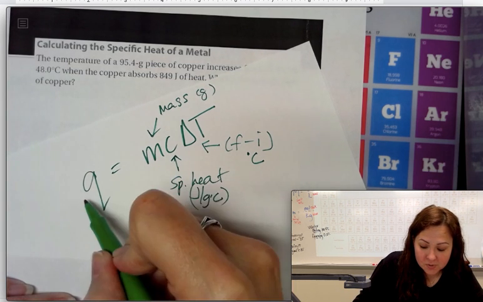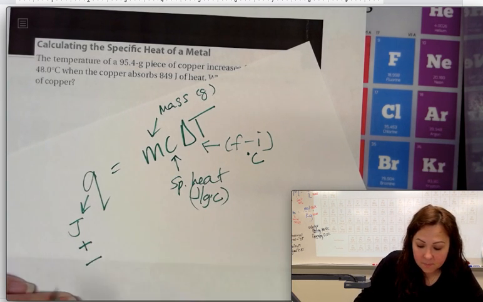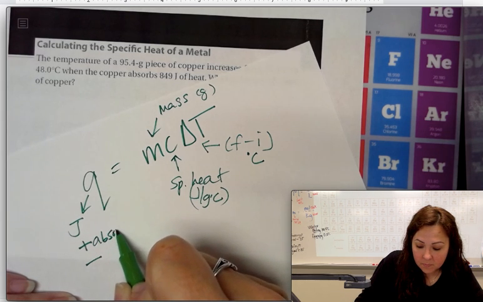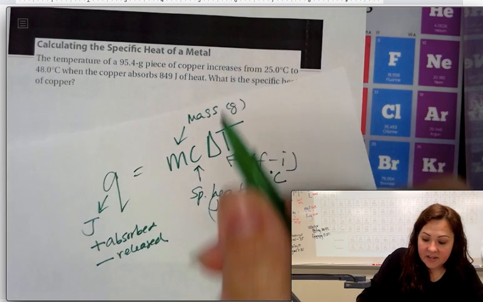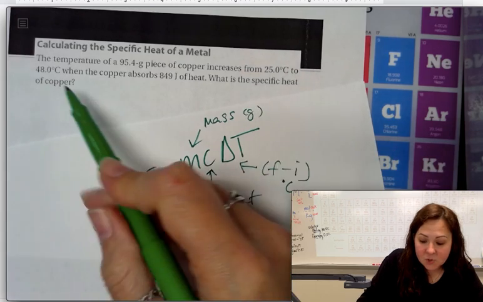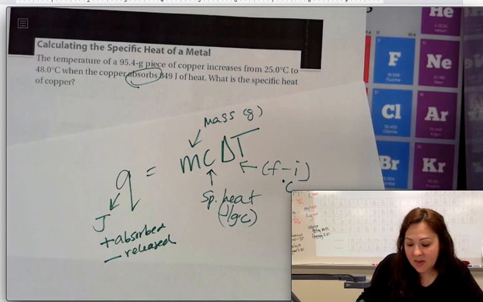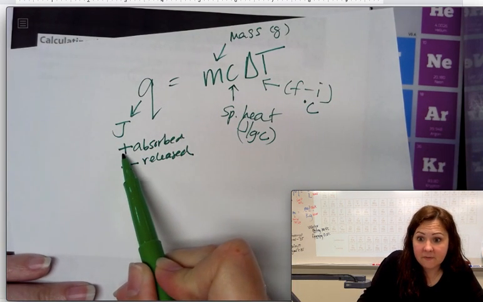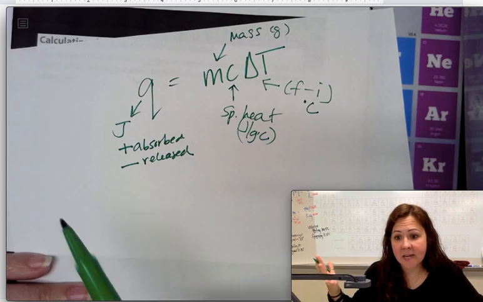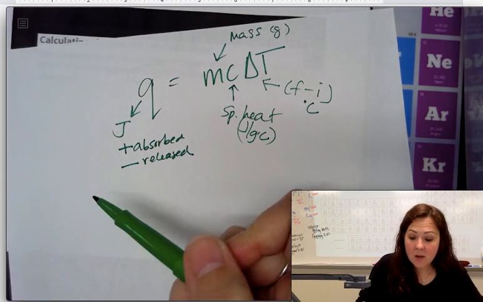Q is joules. Joules is either absorbed or released. So in this one it says that it is increasing. It absorbs 849 joules of heat. All that means is that when I'm absorbing it, that value is positive. If it said that I'm releasing that amount of heat, I would have to put negative 849.